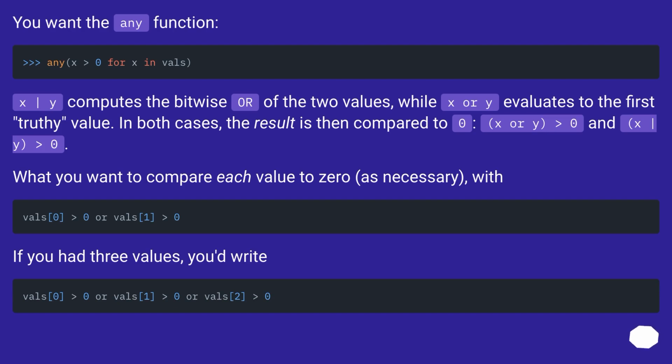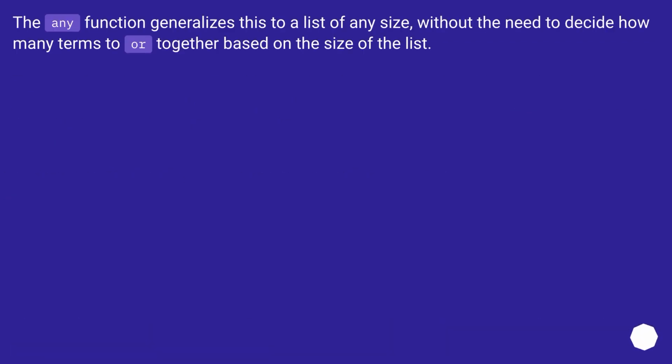If you had 3 values, you'd write the comparison for each. The any function generalizes this to a list of any size, without the need to decide how many terms to OR together based on the size of the list.